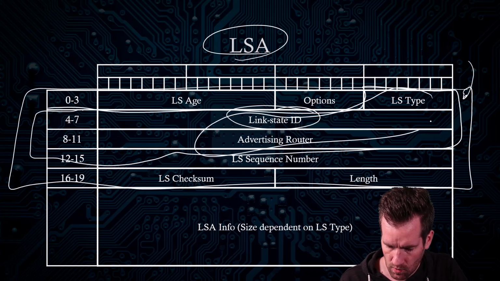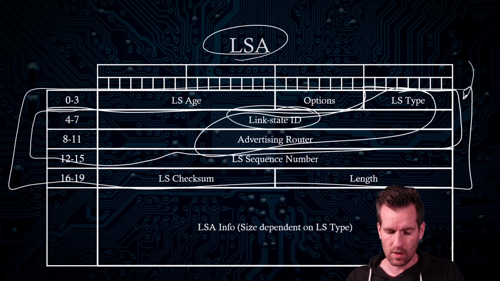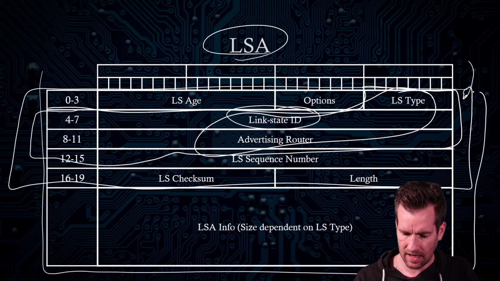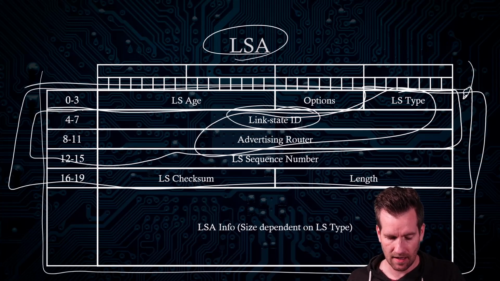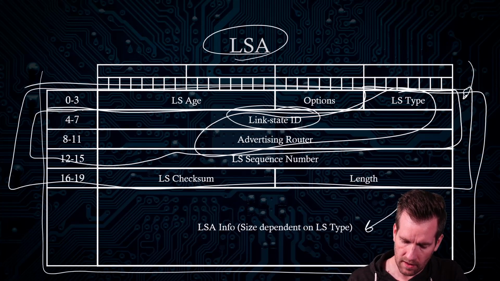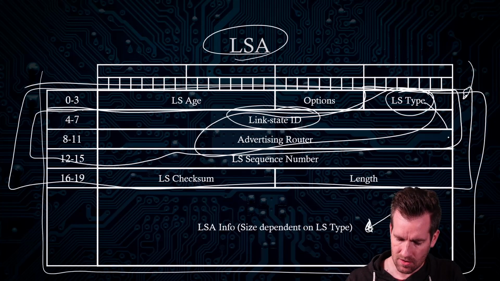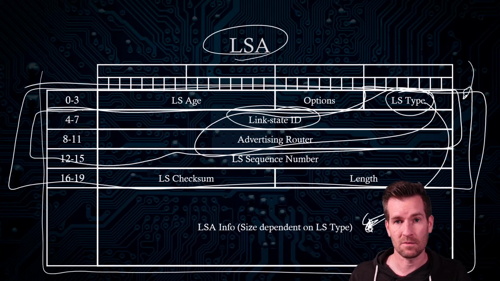So these three components right here can be found in the link state request. And then all of this link state is found in the link state update. In fact, the link state update can have multiples of these to include whatever information is in here. We've already said the LS type is going to determine what information is down here in this LSA information.